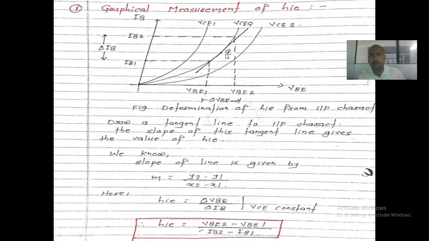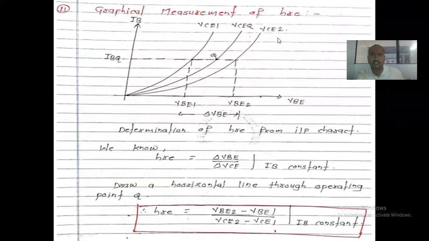Upper point minus lower point is VB2 minus VB1, and for the current it is IB2 minus IB1. So when we calculate the value of HI, it is delta VB divided by delta IB.